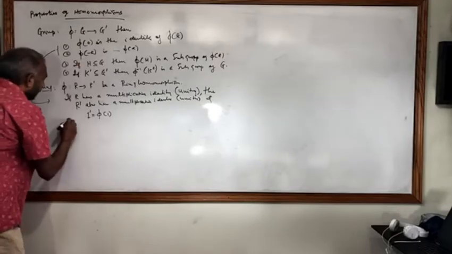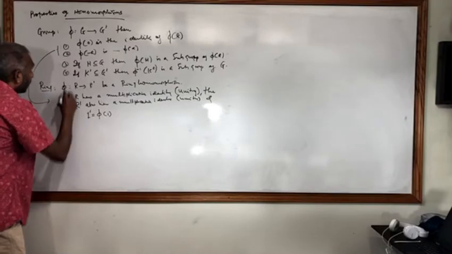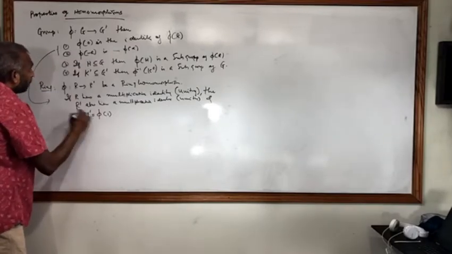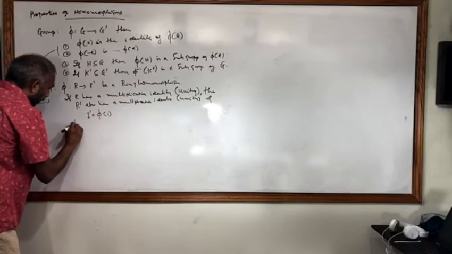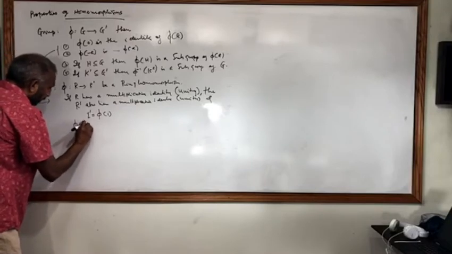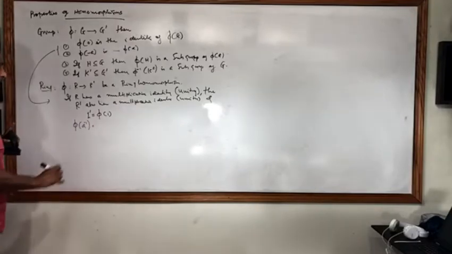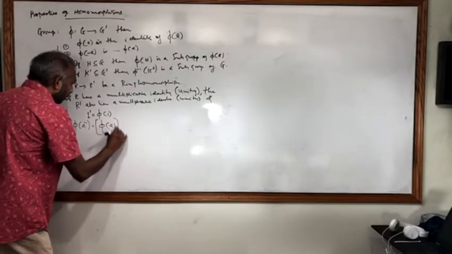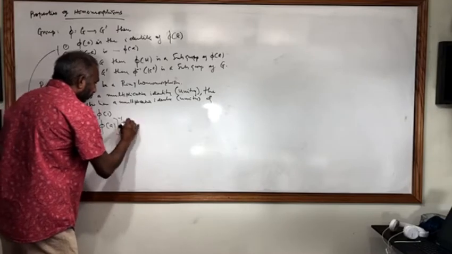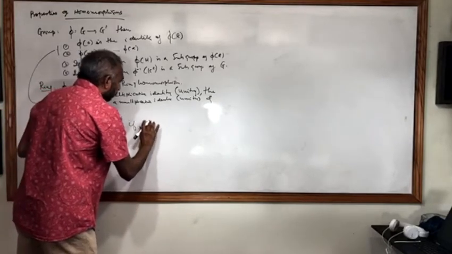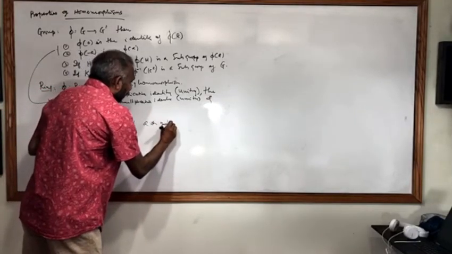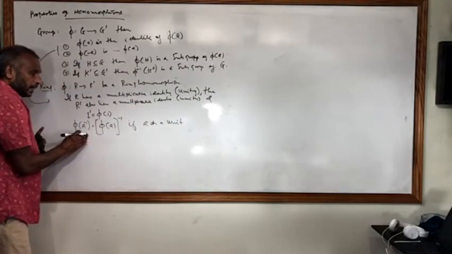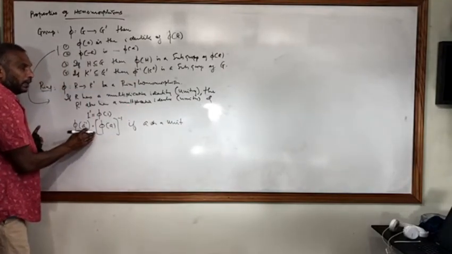So here, second property corresponding to this, you can add one more property for the multiplication, and that is phi of A inverse is equal to phi of A, inverse, if A is a unit, meaning if A has a multiplicative inverse.